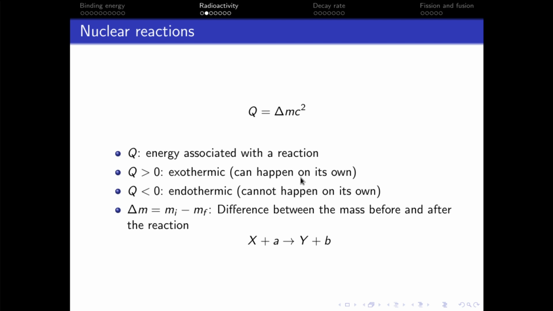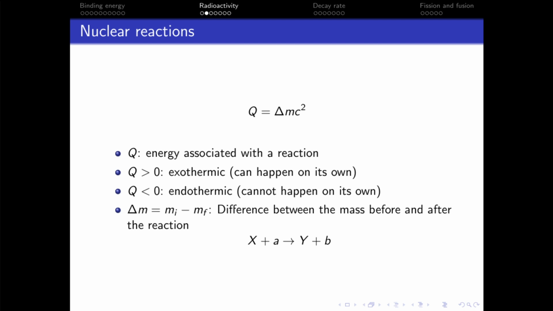So if it is exothermic, fine, it can happen on its own in nature. But if it is endothermic, it cannot happen on its own. In the textbook, they also use a criteria based on mass. This is the same thing because whether the reaction is exothermic or endothermic depends on if we have a heavier or lighter product than the reactants.